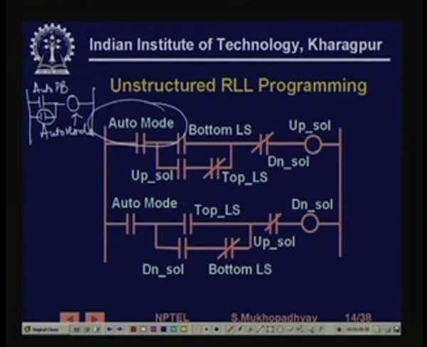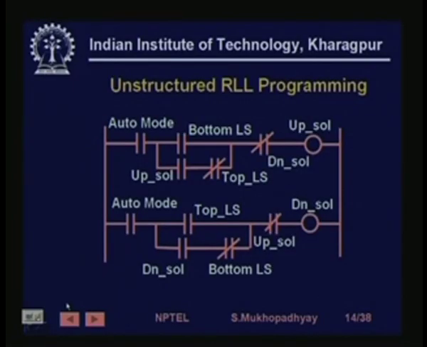Once the up solenoid is energized, it will remain energized until the top limit switch is made. It looks okay, but one is never sure, and especially when problems have 200 states, it will be impossible to write such direct programs. Chances will be very high that if somebody writes it, he will make mistakes. So, this is a typical example of unstructured programming, the kind of things that we did before this lesson.